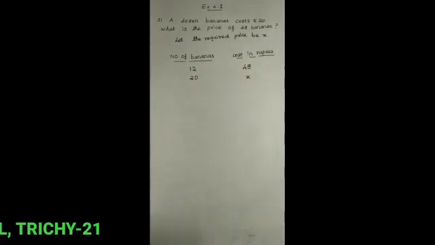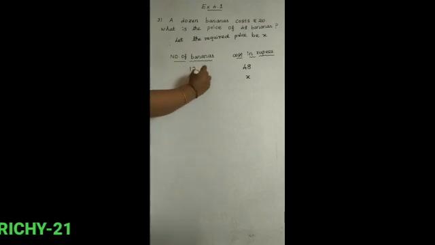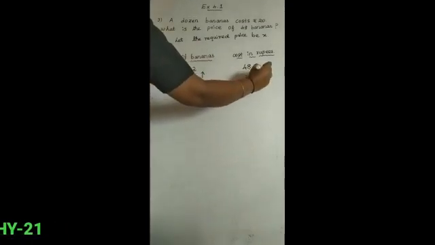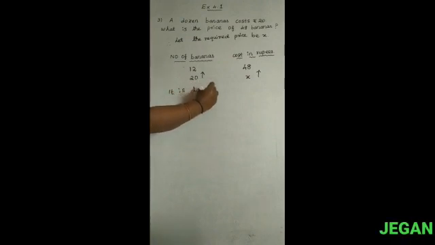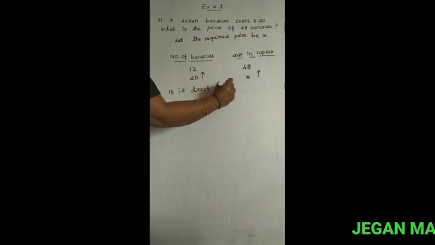Let the required price be X. Here the number of bananas increases, then cost also increases. It is a direct proportion. So when one quantity increases, the other quantity also increases. So it is direct proportion.